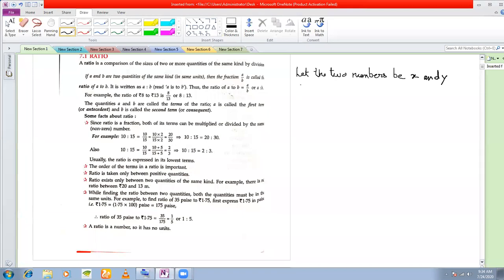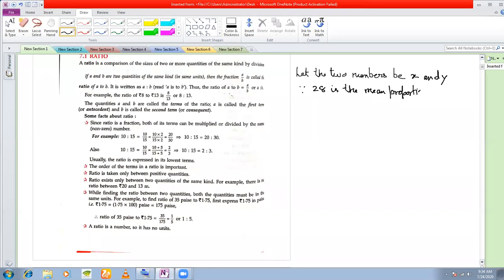Since 28 is the mean proportional between them, and 224 is the third proportional.